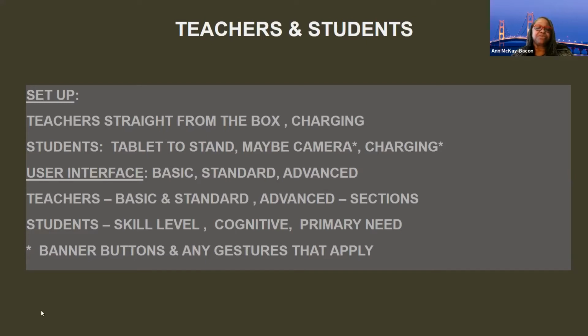Every now and then with a student, third to fourth grade, they may be in between standard and some components of the advanced. But it generally depends on their skill level, their cognitive level, the primary need, what the classroom teacher is presenting to their peers and what they have to be responsible for.